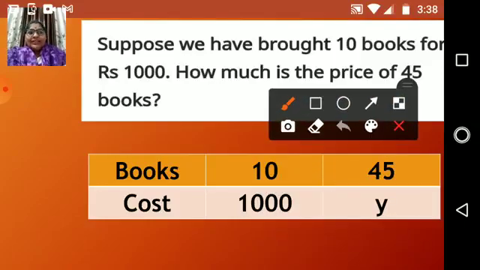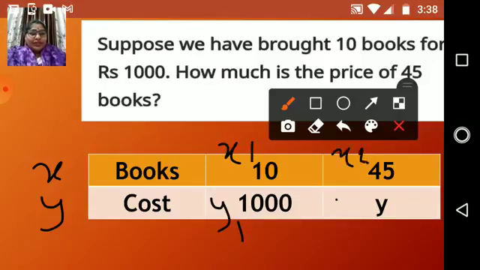Now suppose I take books as X and cost as Y, right? So this will be X1 and Y1, and this will be X2 and Y2.